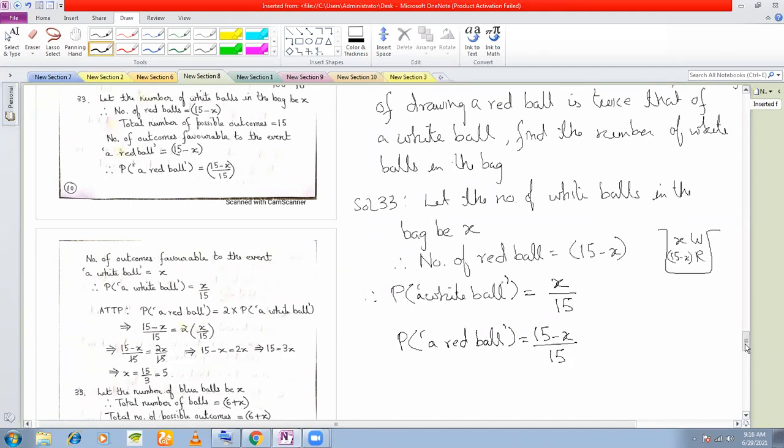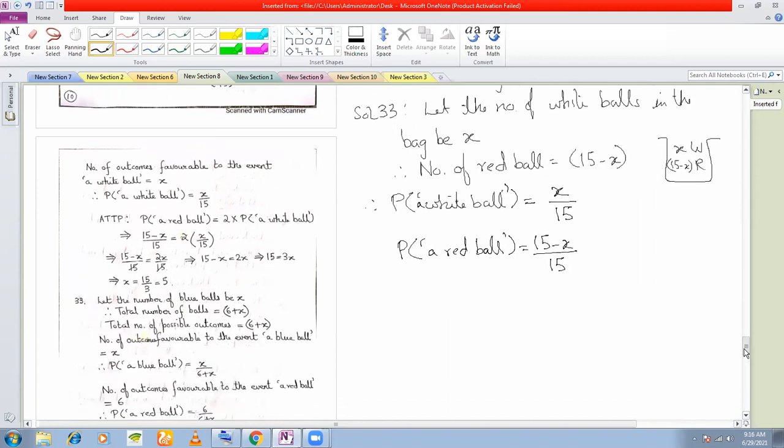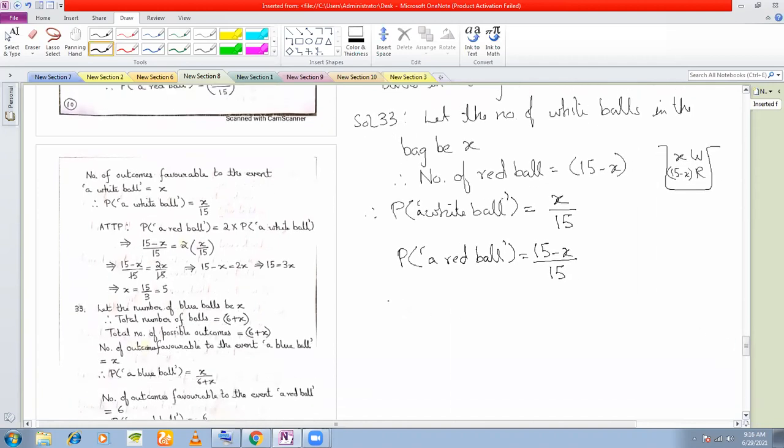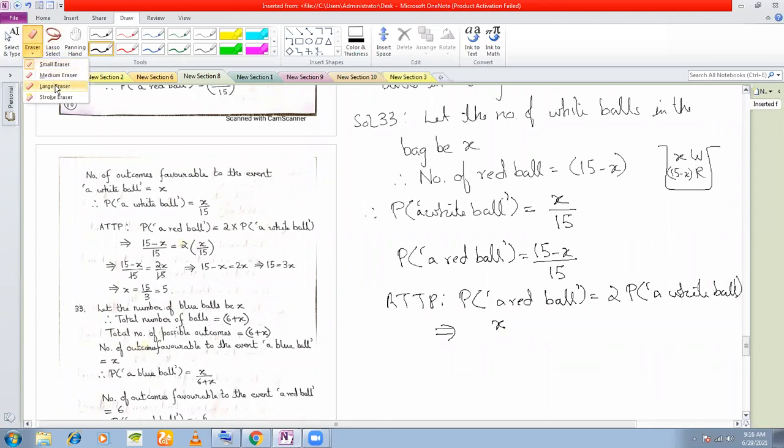So according to this question, what is given? It is given here that the probability of getting a red ball is twice the probability of getting a white ball. Let's put the values here. The probability of a red ball we have got as 15 minus x divided by 15.